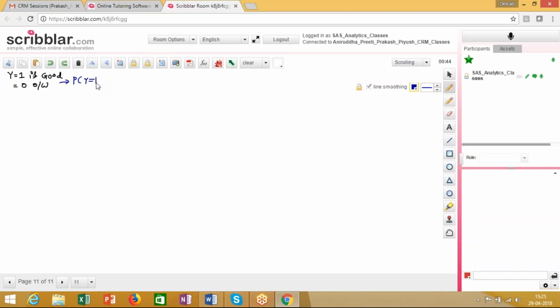Right? Now, if I am trying to estimate the probability of y equals 1, I have to do it on the basis of a certain set of factors, and that is called the variables.